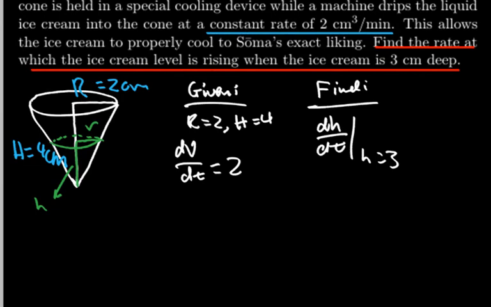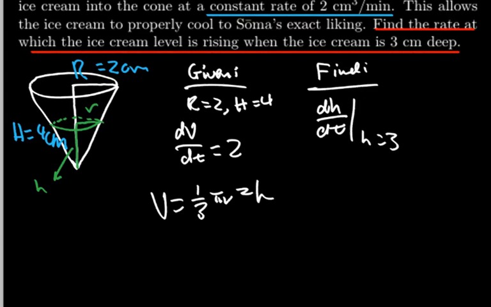All right, so let's find some relationships here. Volume is necessary, so obviously we'll have volume. Volume equals 1/3 pi r squared h. And we want to find dh/dt when h equals 3. We don't know r just from h equals 3 necessarily. So let's see how we can relate h and r.